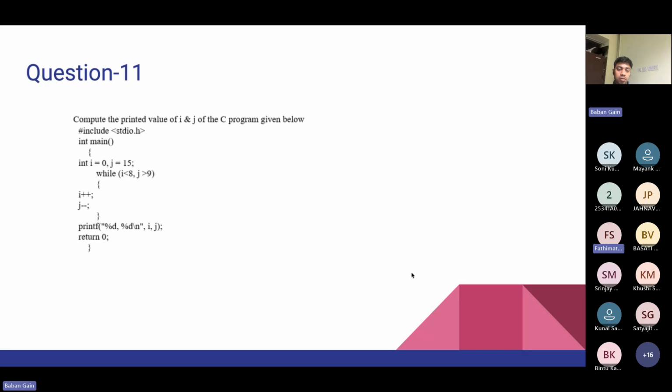Okay, so i is 6 and j is 9. Any other answer? So the previous answer was i equal to 7 and j equal to 9, right? The first answer on this question. Someone told that. Can you explain why that is?